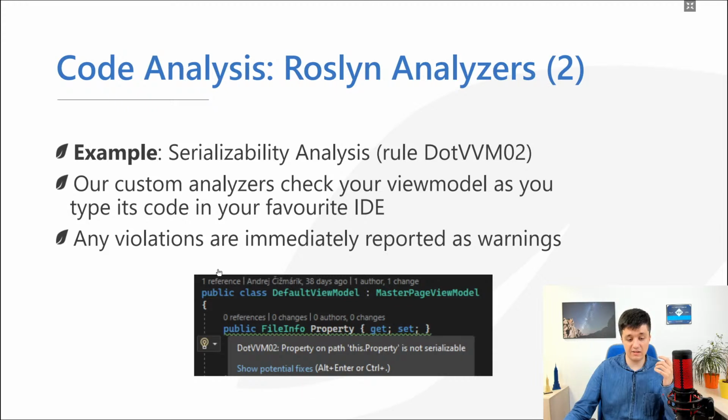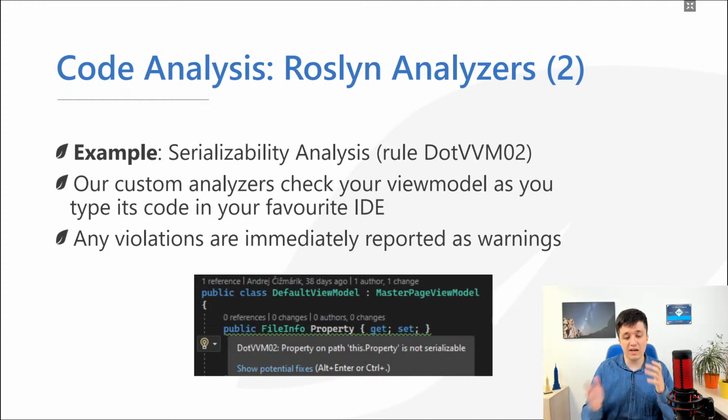As you can see in the example below, if I tried to write, for example, a property of type FileInfo into a view model, our Roslyn analyzer with rule .vvm02 would immediately issue a warning notifying you that this is not something which is supported.